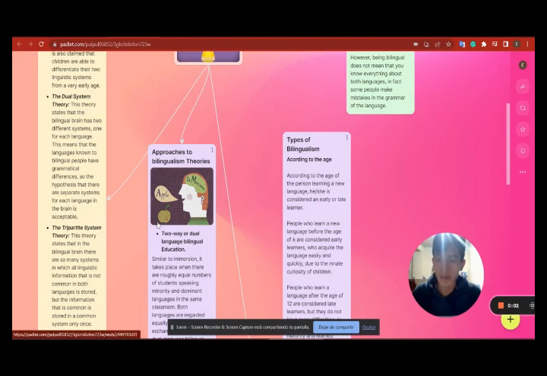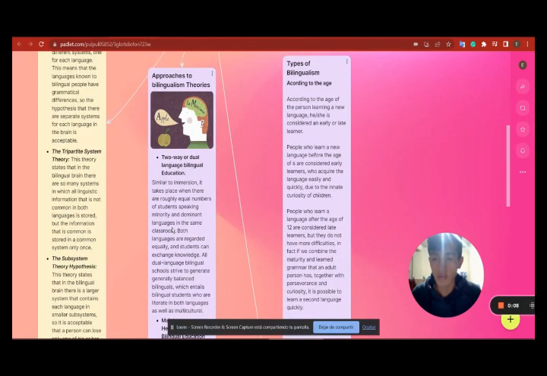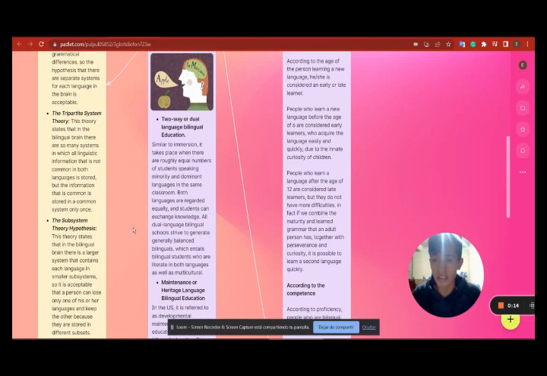In the last part of this presentation, we have approaches to bilingualism theories, and the first one is two-way or dual language bilingual education. Similar to immersion, it takes place when there are roughly equal numbers of students speaking the minority and dominant language in the same classroom.